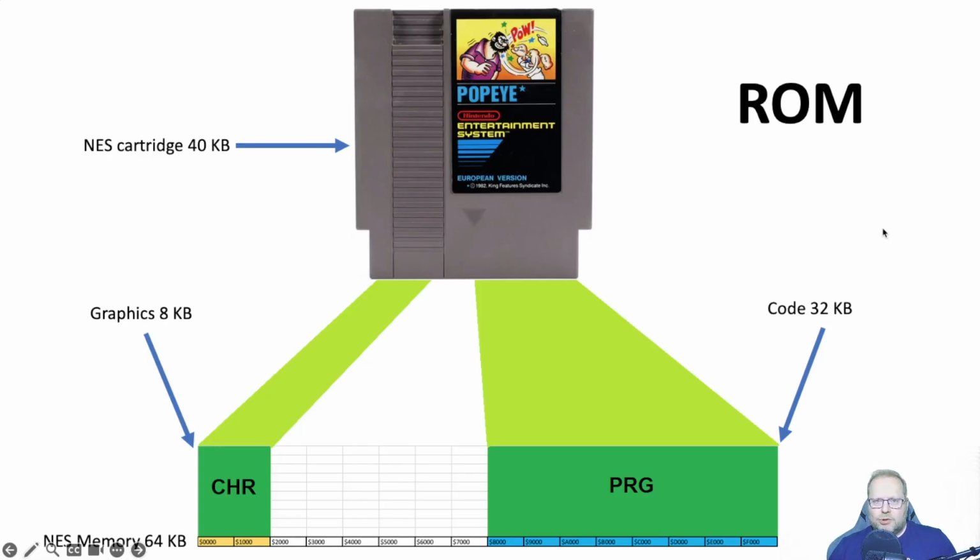So what I'm trying to show you here is that when we plug the cartridge into our NES, part of this ROM space is mapped to the NES memory. Now, NES memory does not mean RAM.